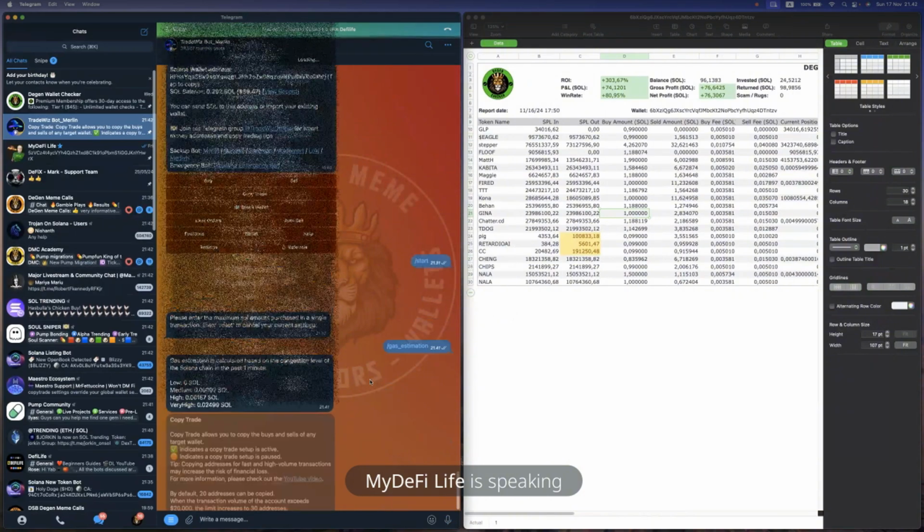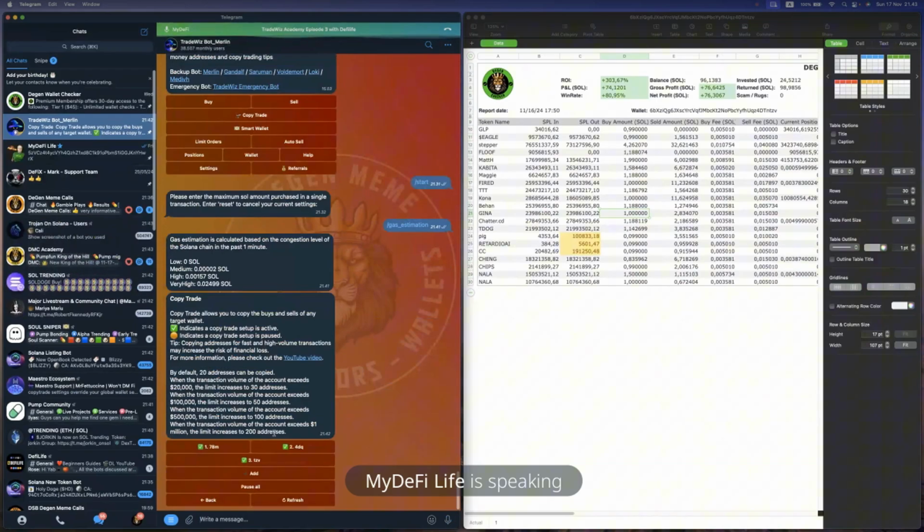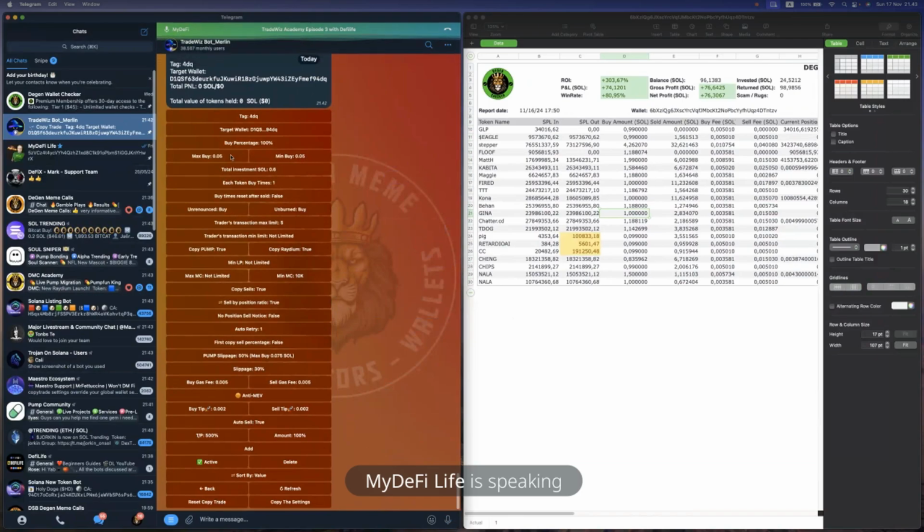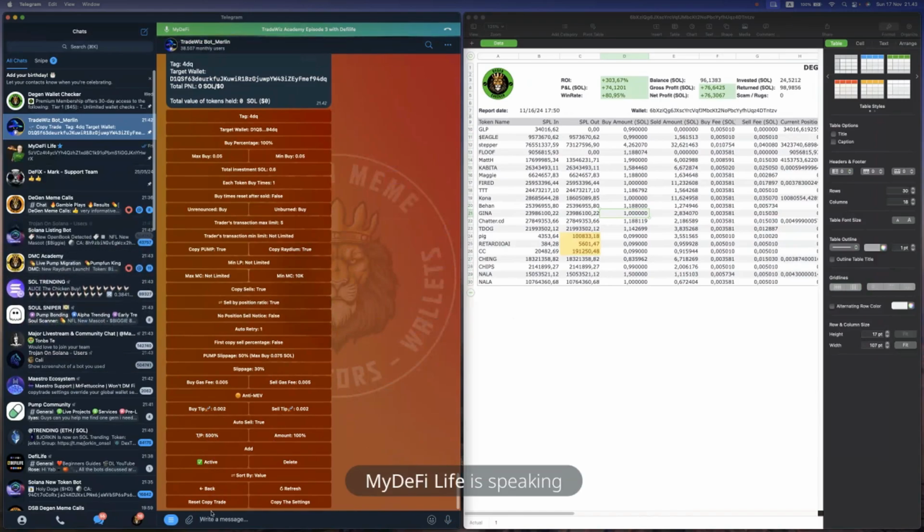Now I have 3 wallets here ready to copy trade. They're of varying risk levels, so they all have different settings. For this one, we have 0.05 total investment 0.6. This one, I have to do a rescan of, but this one's a little bit not as bad.